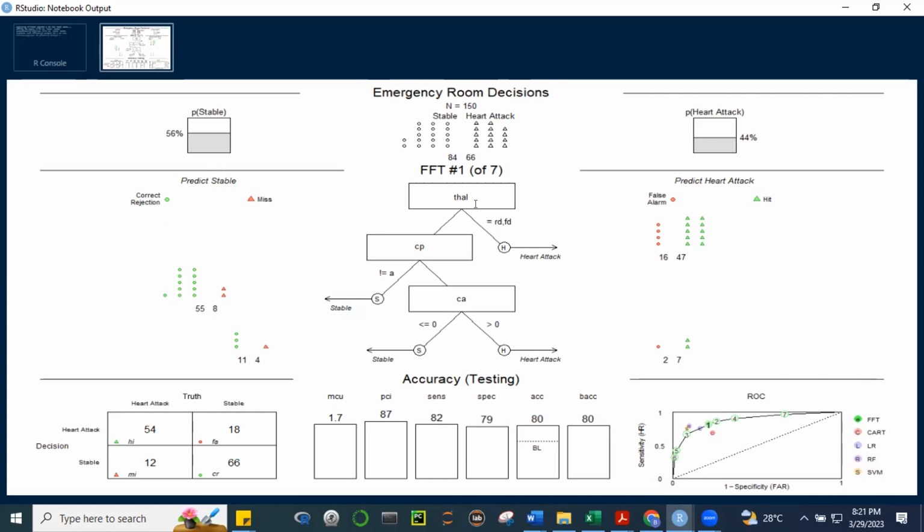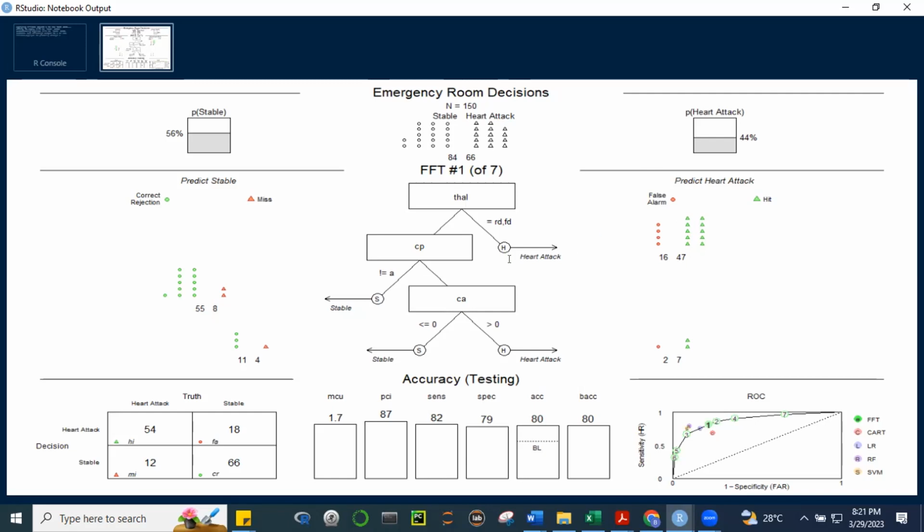So let's take a look at this. Nagsimula siya sa thal, sinimulan niya yan. If it's equal to RD or FD, di ba? Ito yung tree diagram na natin, decision tree na natin. If the thal is equal to RD or FD, then heart attack na siya. So dito sa level na to, when this was applied, heart attack, 47 were correct.